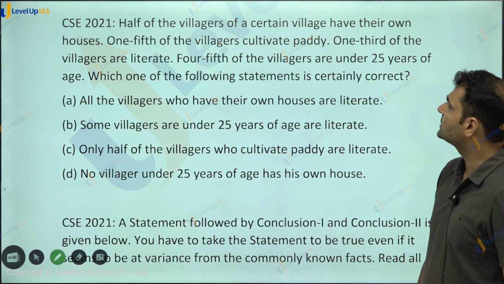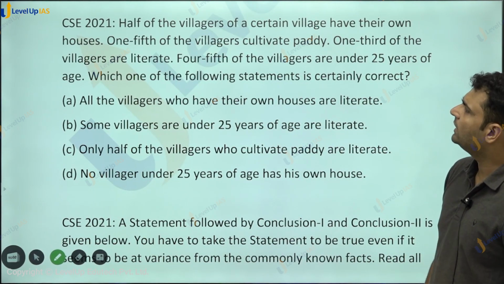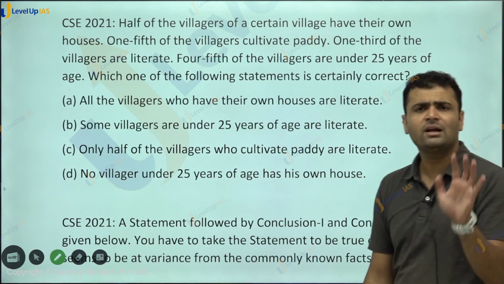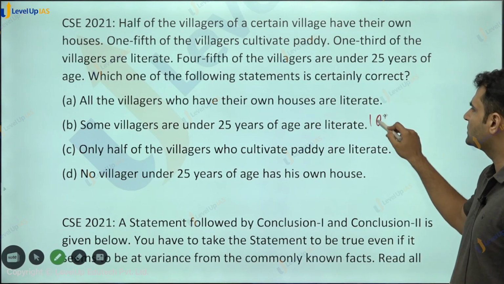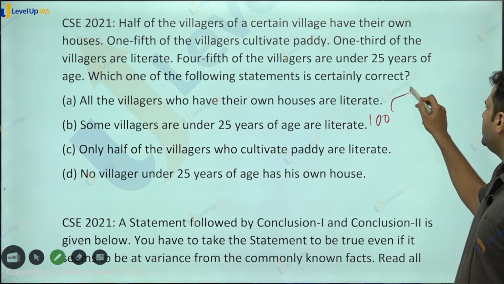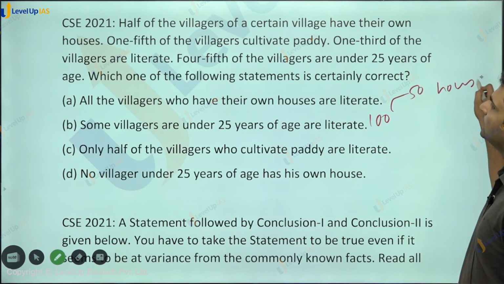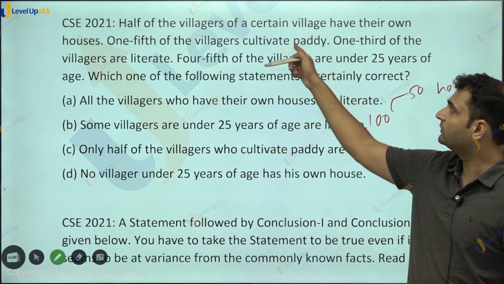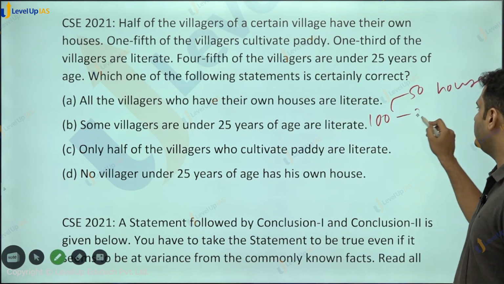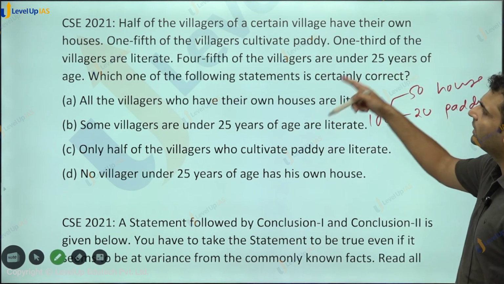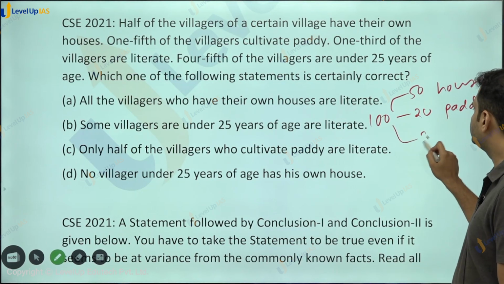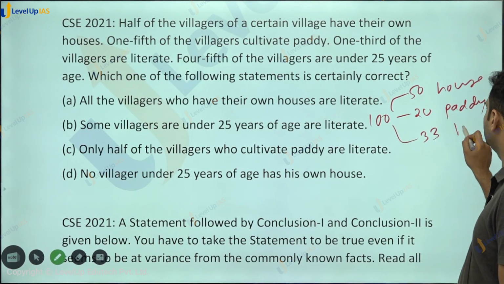Half of the villagers in a certain village own their house. So let us assume that there are 100 villagers. So 50 have a house. 1/5 cultivate paddy. 1/5 is 20. 20 cultivate paddy. 1/3 are literate, so 33 are literate.